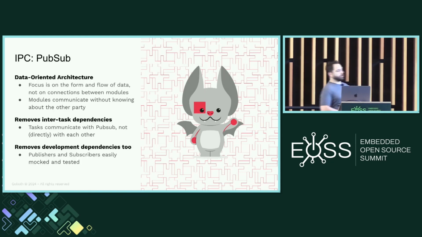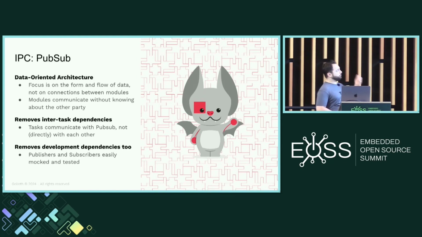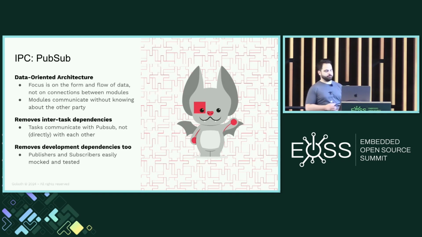For IPC, there are a couple different ways that you could do this. I prefer PubSub, and this is not a product, so I've capitalized it. This is just generally a communication paradigm that you can think about. I'm sure many of you are familiar with the basic concept, but you have topics, and devices and tasks publish to them.